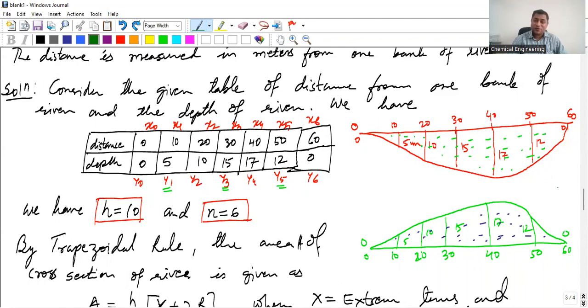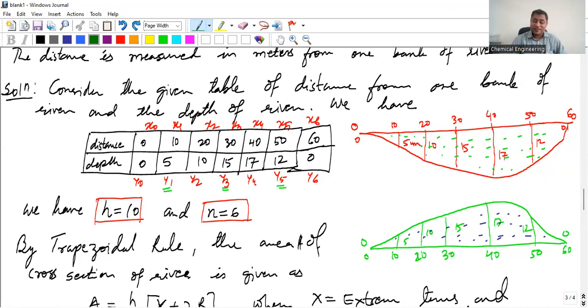Again, that function, whatever we are getting, is an approximating polynomial. So actual or exact value we will not be able to get. But approximate, we will get it the same, right?